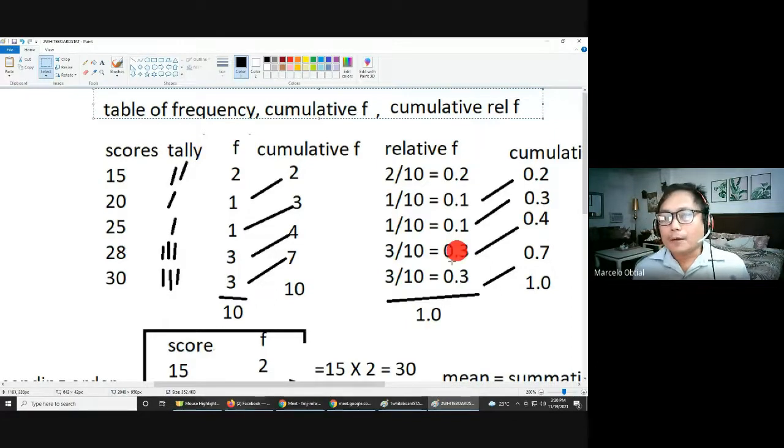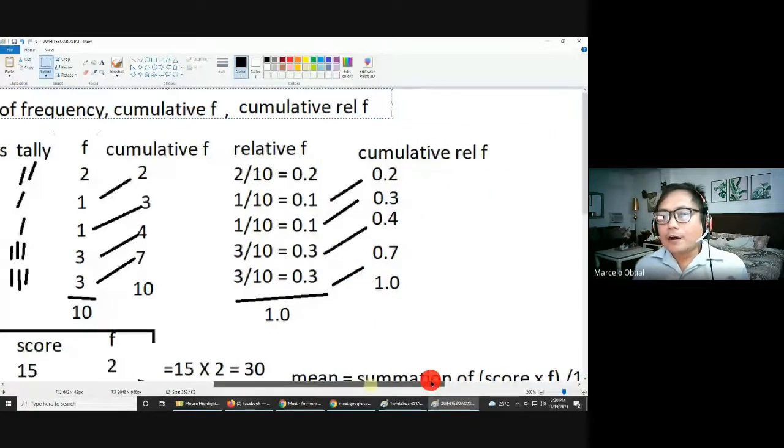Now next, the last is the cumulative relative frequency. Remember we solved this a while ago. Cumulative, you just think of the word accumulation. Relative means this one. So you just accumulate here. The same procedure here, copy first the first row, 0.2.